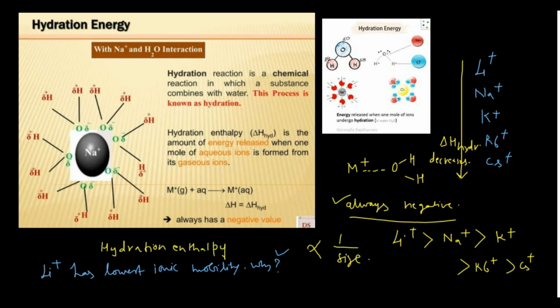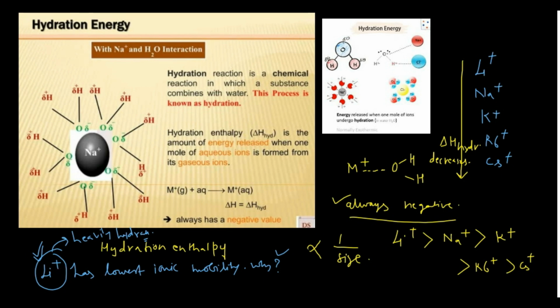See, it has the smallest size. That means it is heavily hydrated. That means it is not free to move here and there due to the interaction with the water molecules which surround this lithium positive ion. That's why it has the lowest mobility in the aqueous solution.